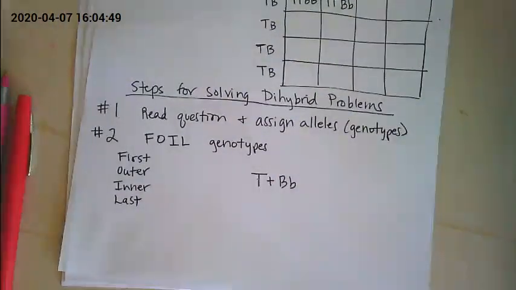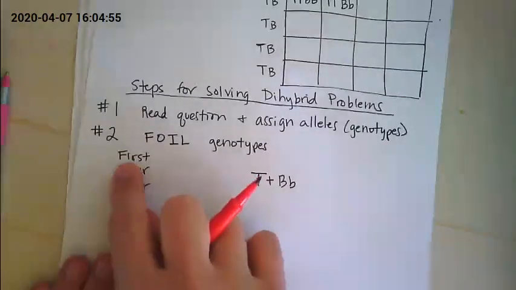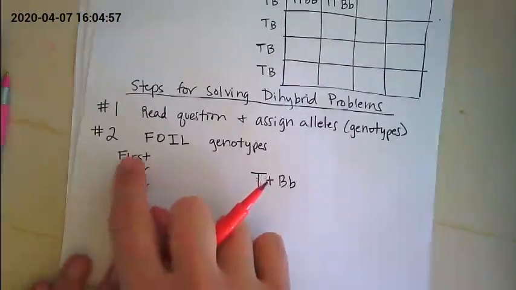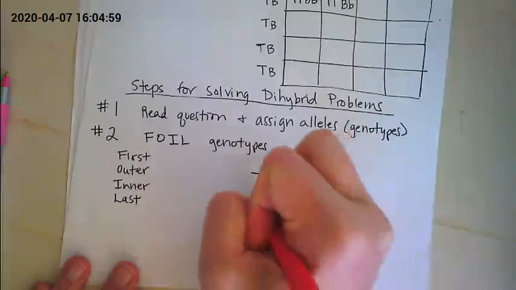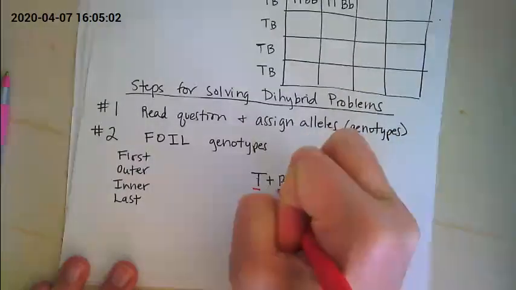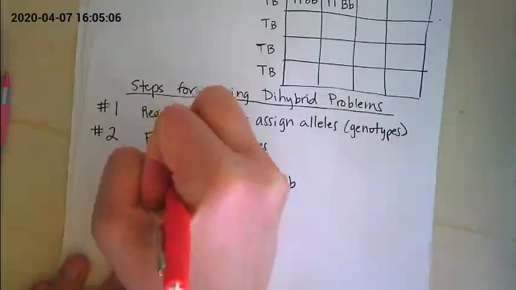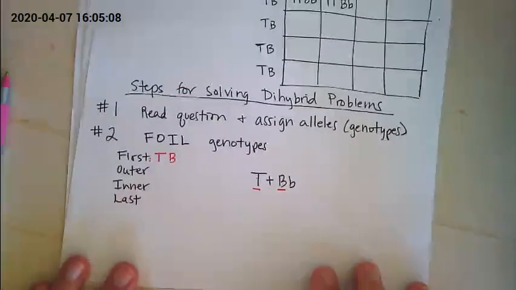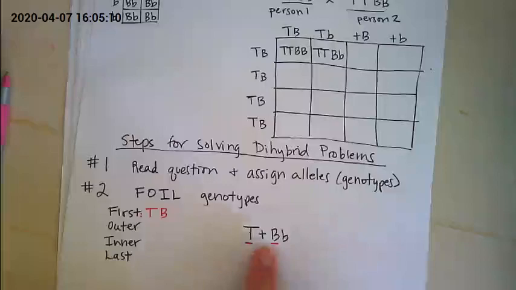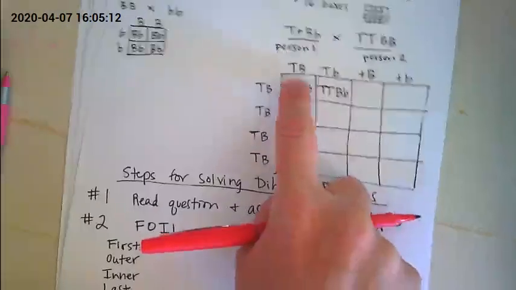Okay, I'm going to use some different colors to help us keep this straight. When I say foil, we're going to start with the first. That means the first letter of each genotype, the big T and the big B. So that's our first foiling, big T, big B, and that's what I'd already put up here.